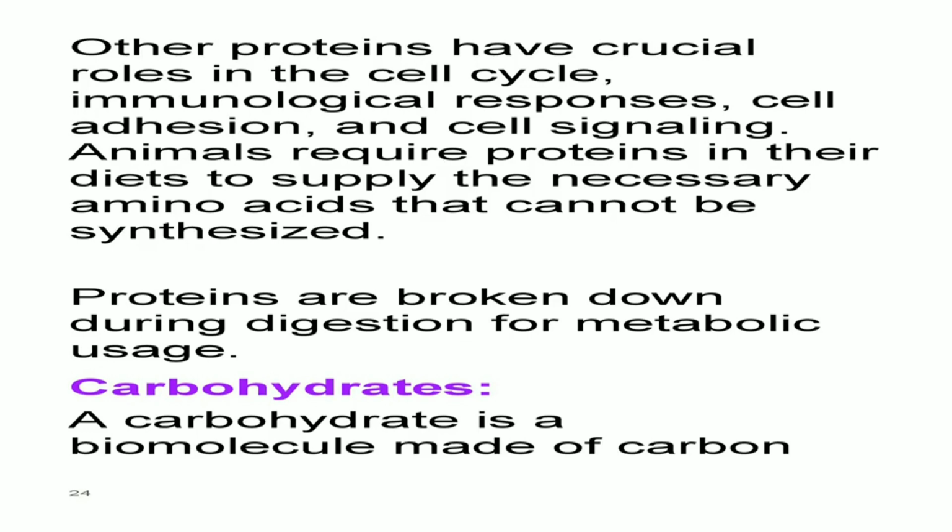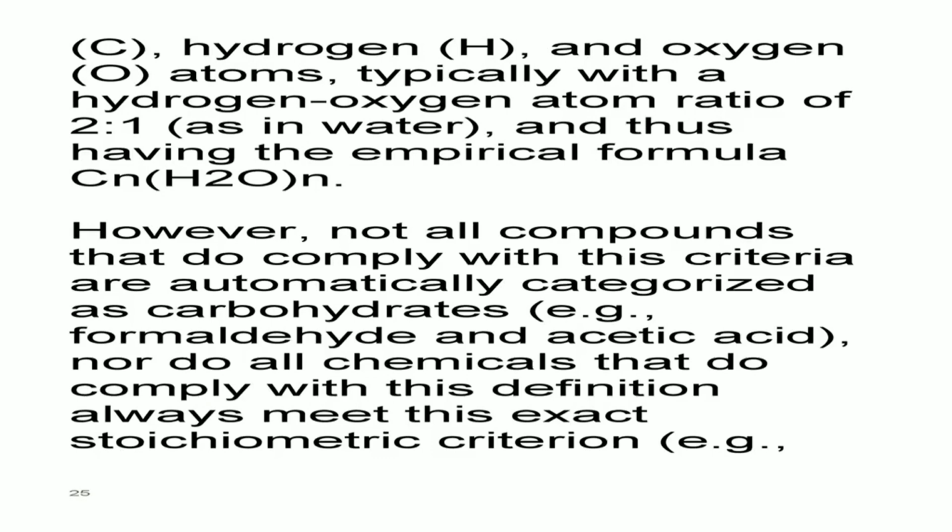Carbohydrates. A carbohydrate is a biomolecule made of carbon (C), hydrogen (H), and oxygen (O) atoms, typically with a hydrogen-oxygen atom ratio of 2:1, as in water, and thus having the empirical formula CnH2nOn.